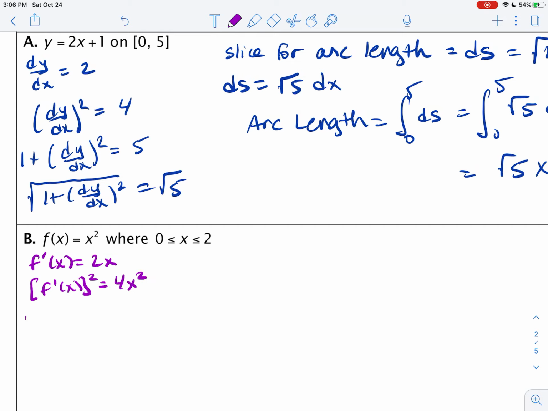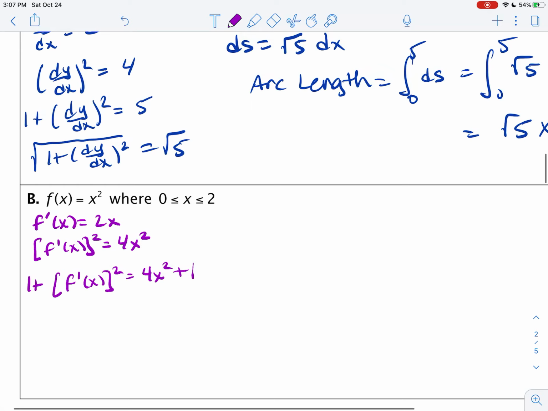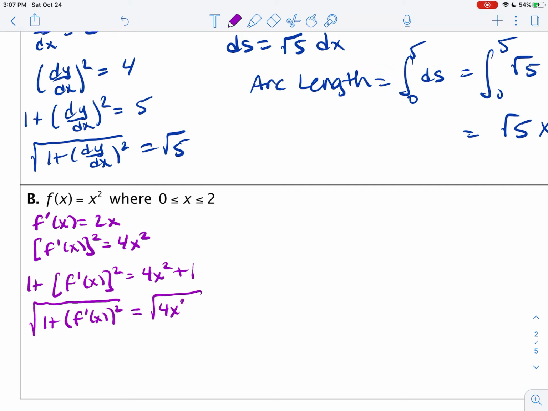And 2x squared becomes 2x times 2x, which is 4x squared. And then I want to add 1. So that's going to be 4x squared plus 1. And then I'm going to take the square root.